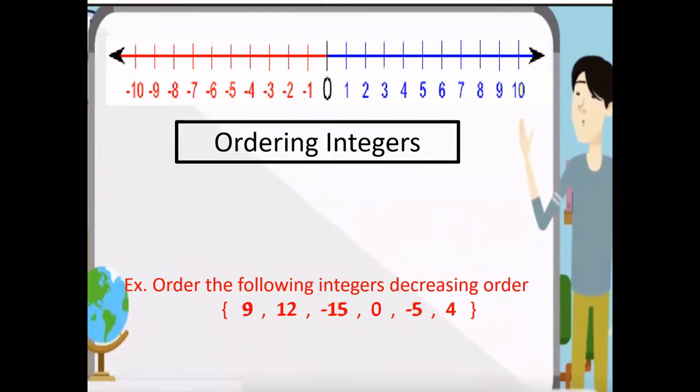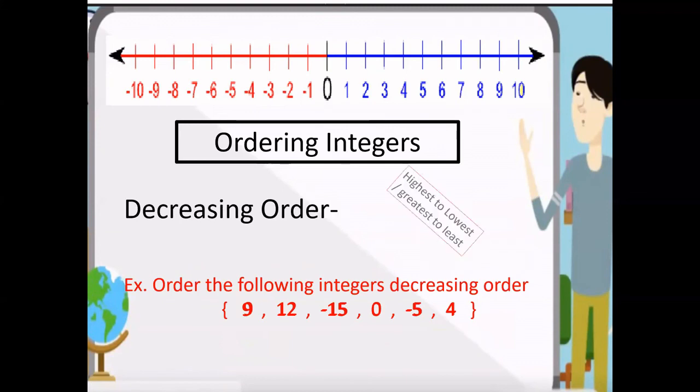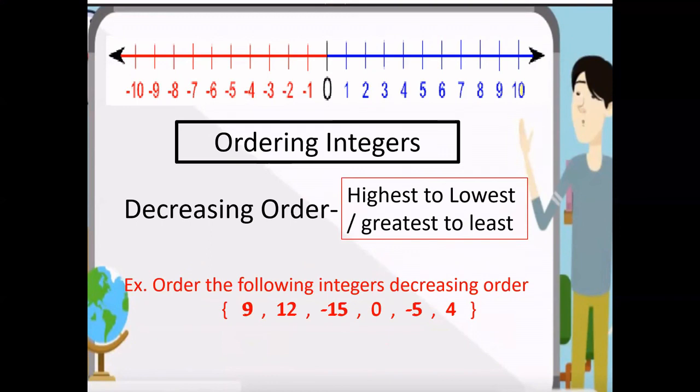Next, when we say decreasing order, it's from the highest number to the lowest number, or the greatest number to the least number. Or in other words, you should start from the biggest number until the smaller number. Okay, looking at these numbers: 9, 12, negative 15, 0, negative 5, and 4.